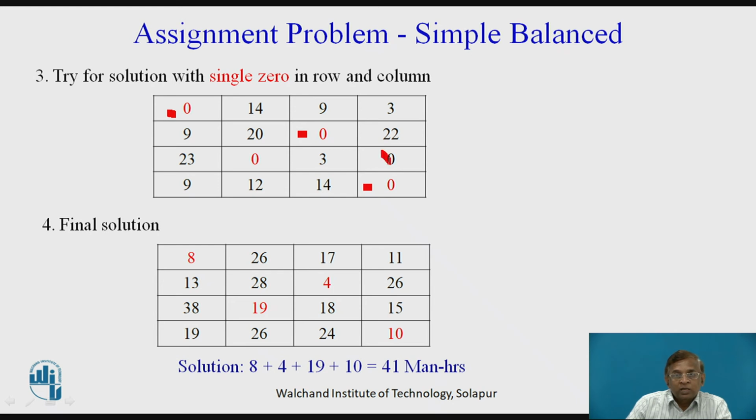So this is what I cancel this 0. The reason is to avoid multiple allocations in the column. We have allocated a 0 in the row, so multiple allocations again in the column we have to avoid. Every row and every column has to have a single 0 only.